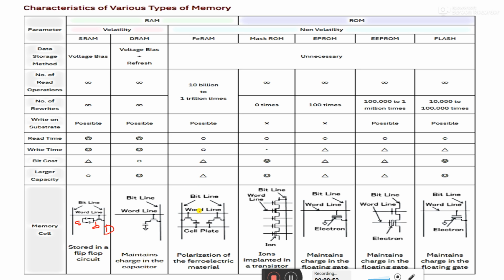Next is FERAM. Basically it has two capacitors, and there is a word line and there is a bit line.